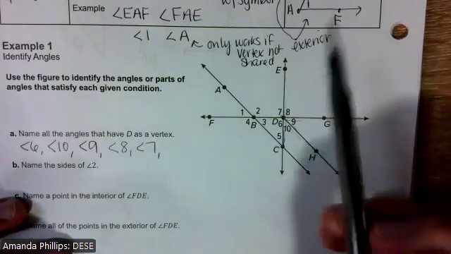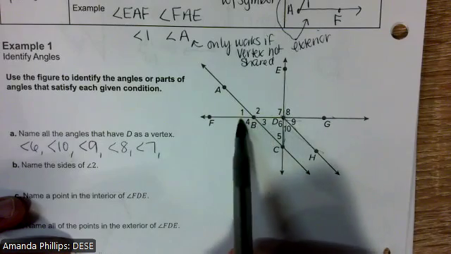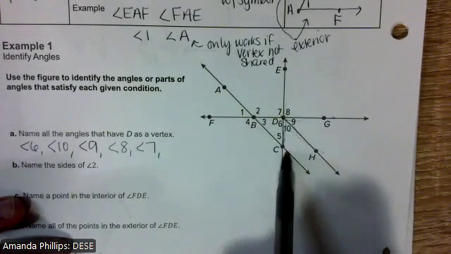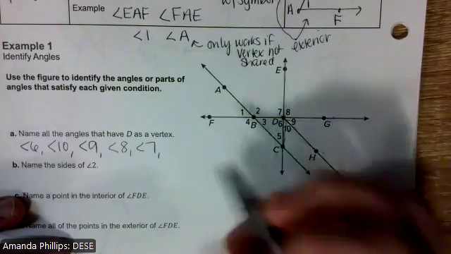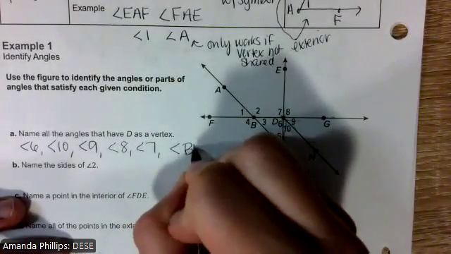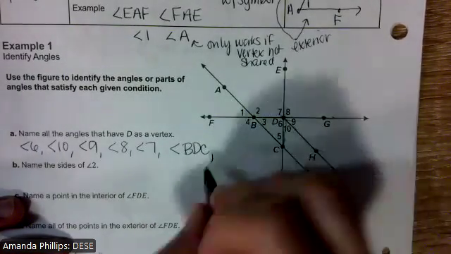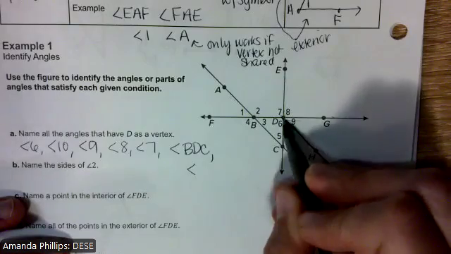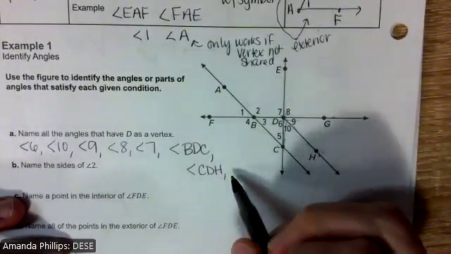Let's talk about how we could name them with letters. Well, again, it's point, vertex, point. So we could say angle BDC. I could also say angle CDH. It's always point, vertex, point.